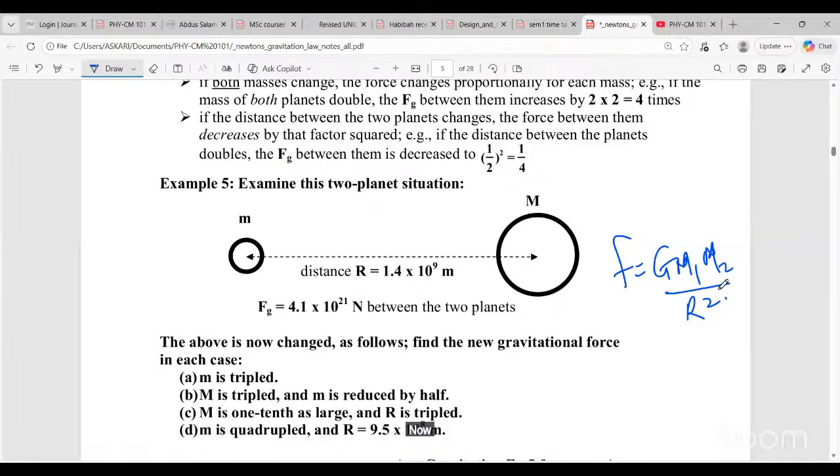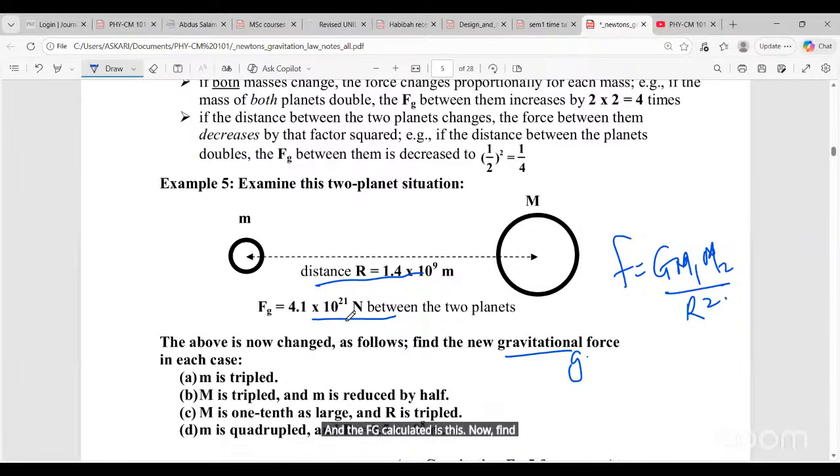The above is now changed as follows. The diagram you have here, you want to change it. Each time you change, you find the new gravitational force. There's a distance between the two objects, and the FG calculated is this.